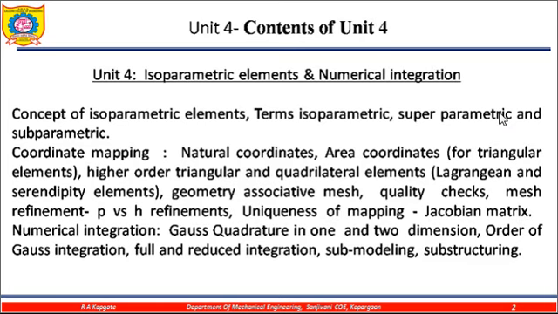They also ask about meshing. They also focus on isoparametric, superparametric and subparametric, as well as Lagrangian and serendipity elements. So ultimately I would say that in unit number 4 there is a lot of terminology and many issues to study, and it is somewhat difficult compared to the other units.